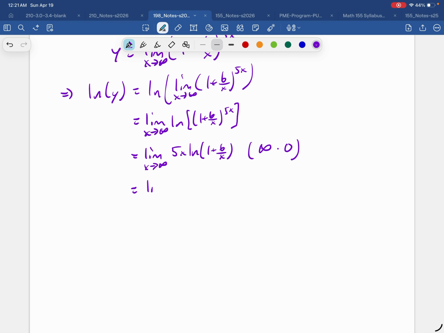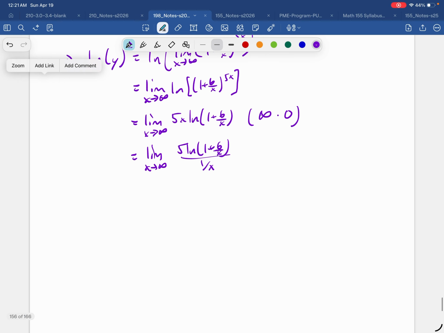So what does that suggest? Well, maybe we have to do that multiplication, division trick again. Right? Now remember, be careful to leave the 5 up there and the 1 over x on the bottom. That'll be important. So anyway, at this point, we have 0 over 0 indeterminate form.